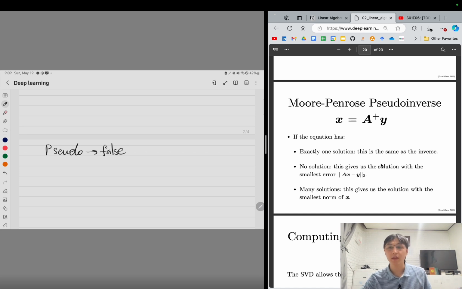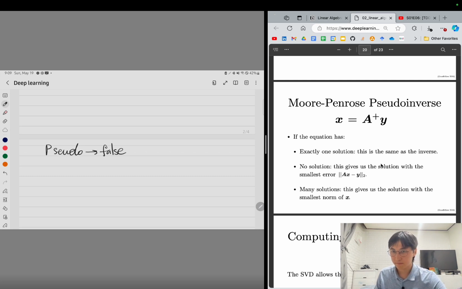Only a square matrix has an inverse. At some point we need values close to an inverse, and sometimes we need those inverse values even though we cannot get the inverse of that matrix.